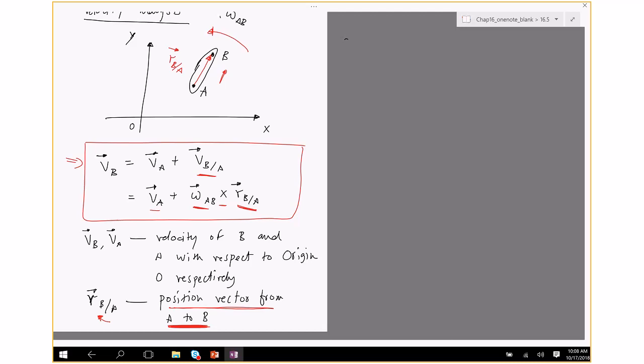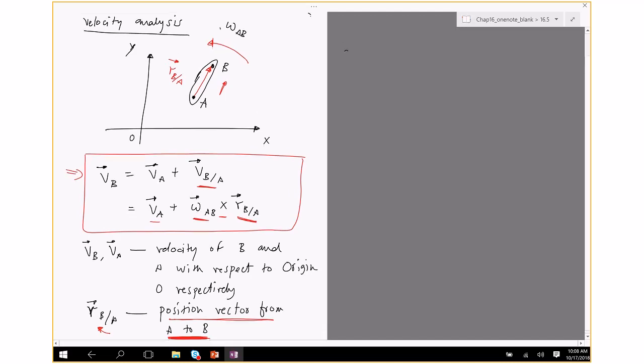Okay, so we'll see how this formula can be used to solve for velocities, or angular velocities, of a mechanism. A mechanism consists of multiple links that are joined together either by a pin joint or some other type of joint. We're only looking at pin joints.